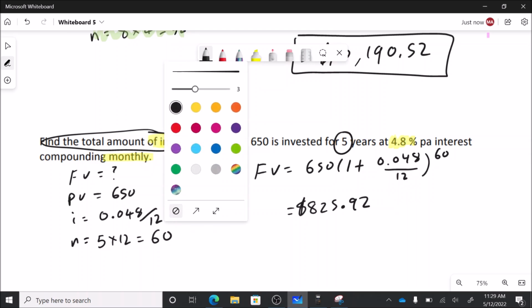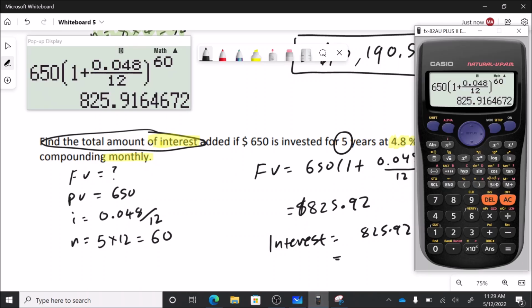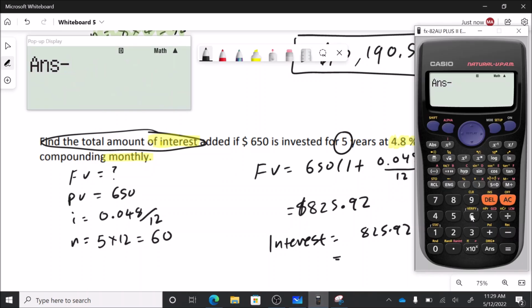All right, so interest is equal to 825.92 minus 650. So if I just go back here and take 650 off that answer, that'll tell us that the amount of interest is actually $175.92.